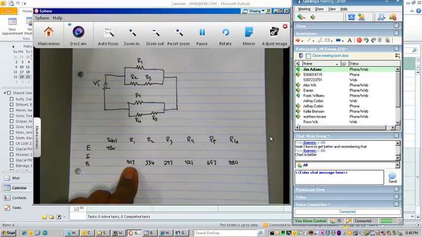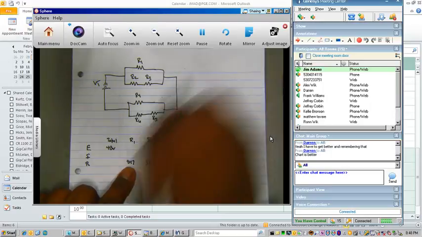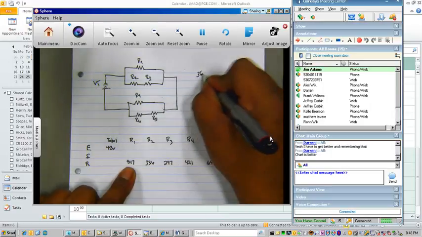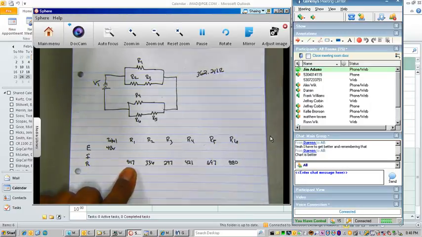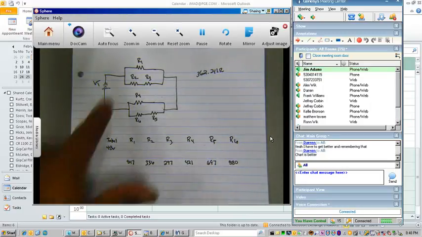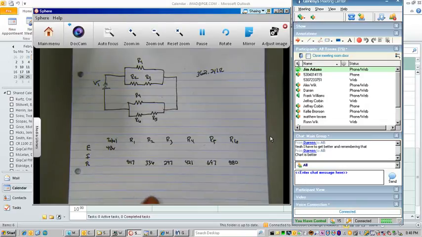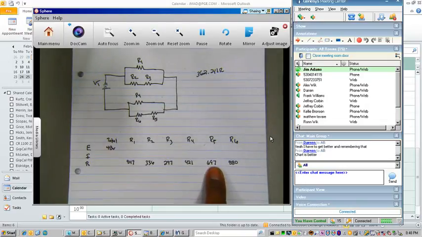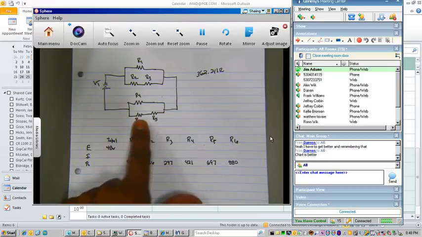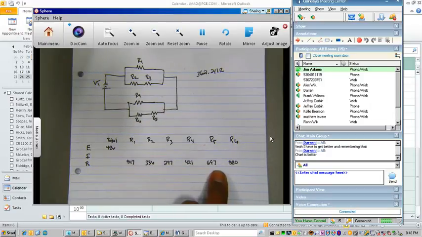All right, so. Let me see. We got total R1, R2, R3, R4, R5, and R6. Got voltage, current, and resistance. Alright, we know total voltage is 48 volts.